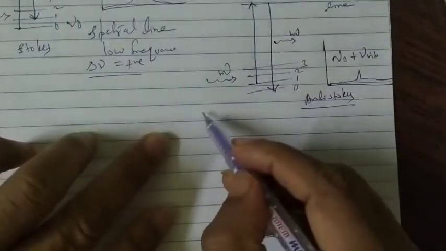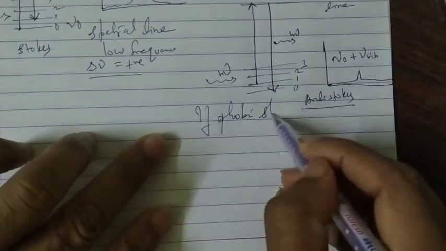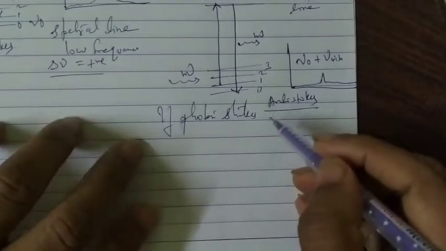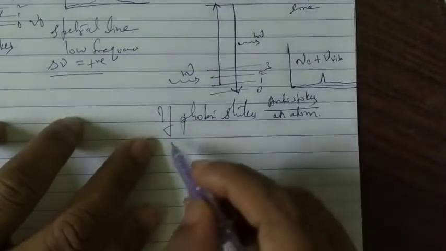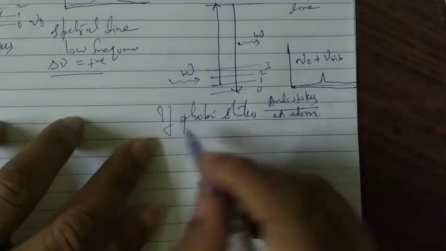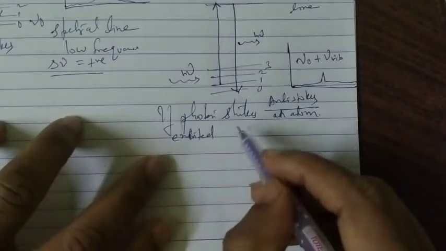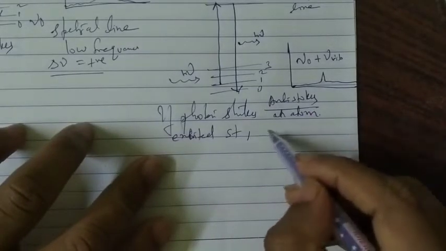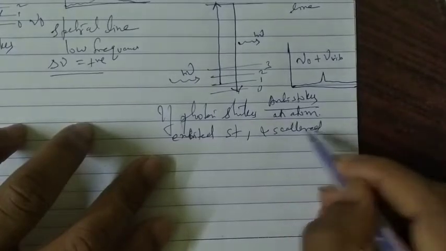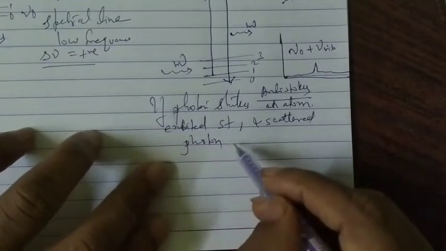But anti-Stokes, what is this anti-Stokes? If a photon strikes an atom in a liquid, it goes to the excited state similarly as we have discussed, and the scattered photon gains energy.